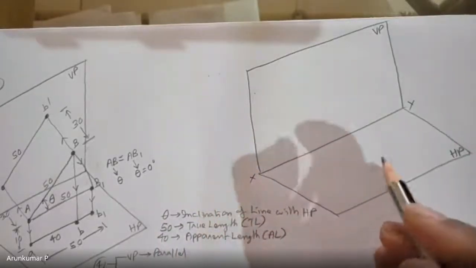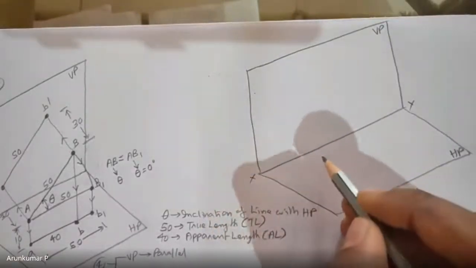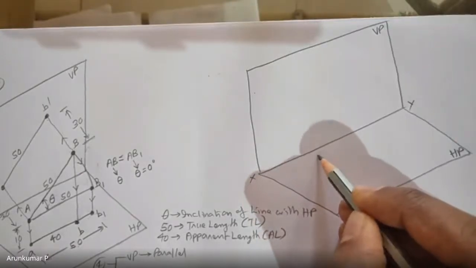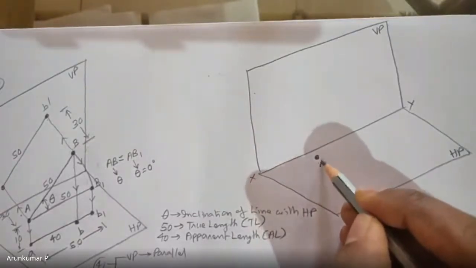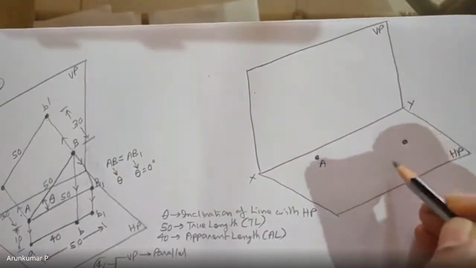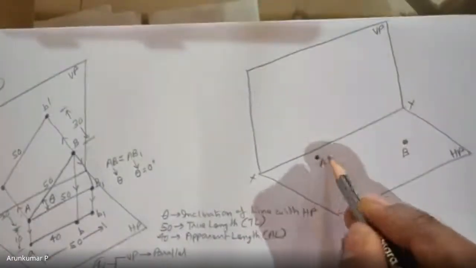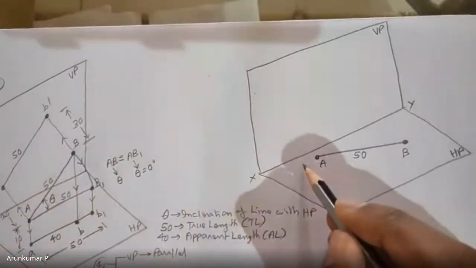This is A, and this is B. This is the line AB, whose length is 50 mm. We'll take it one by one.